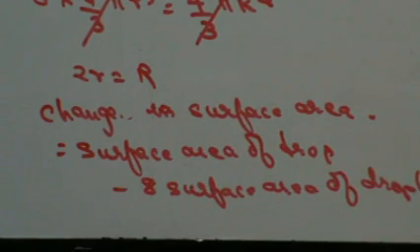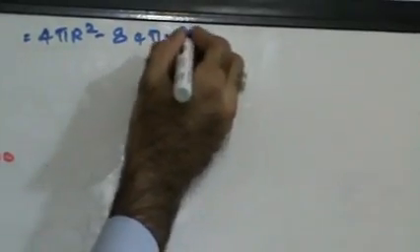Right? Now, surface area of the drop is going to be nothing but 4 pi R square. So this is 4 pi R square minus 8 into 4 pi r square.